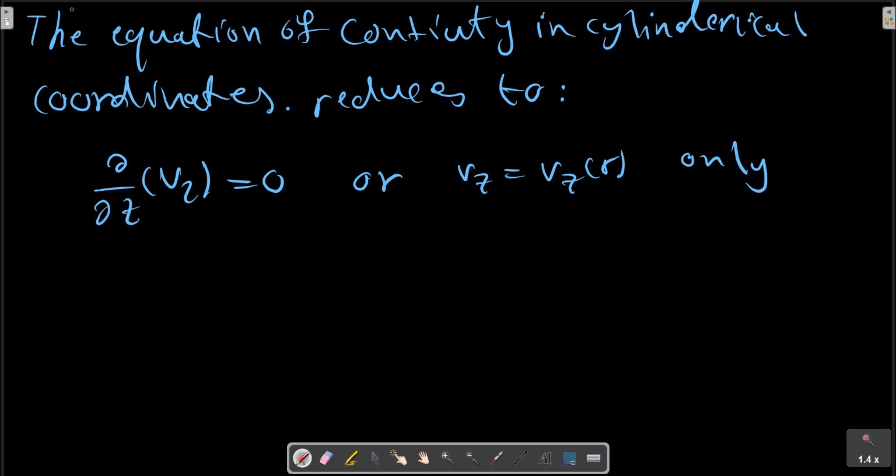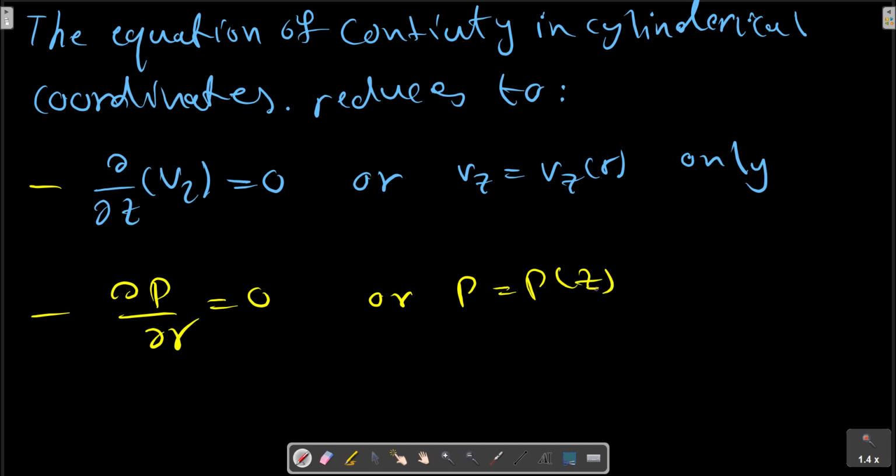The r momentum equation in cylindrical coordinates simplifies to ∂P/∂r equals 0, so in the r direction, or P equals a function of z.